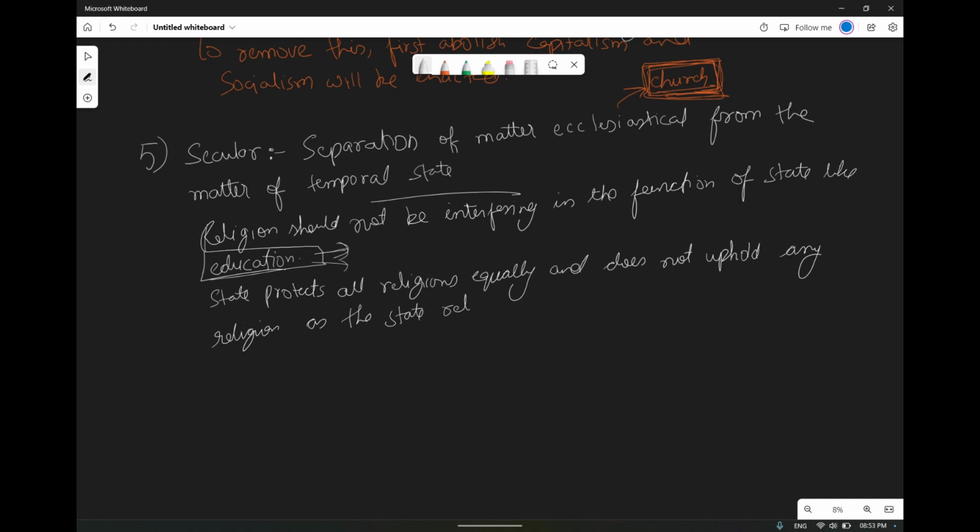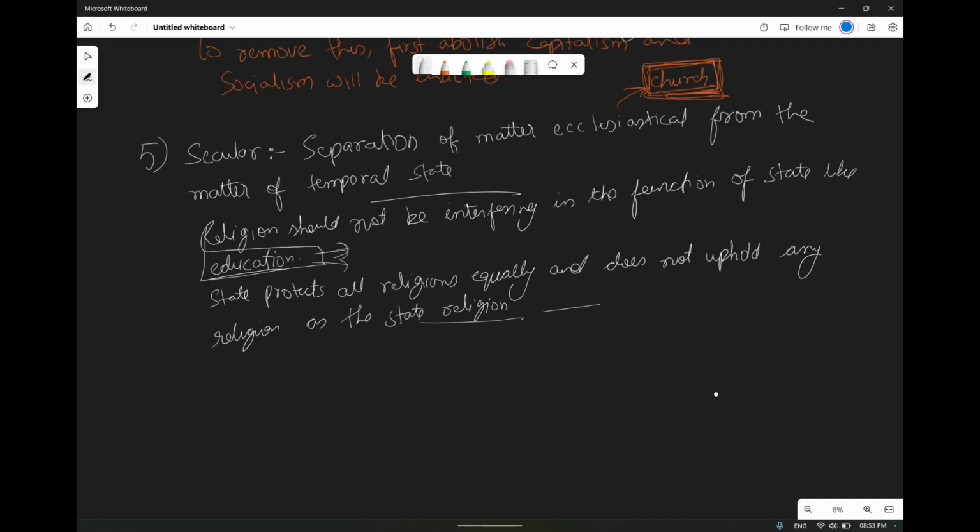No state can tell that this state is a Hindu state, or a Muslim state, or a Sikh state, or any other. A state protects all religions equally, and it does not uphold any religion as a state religion.